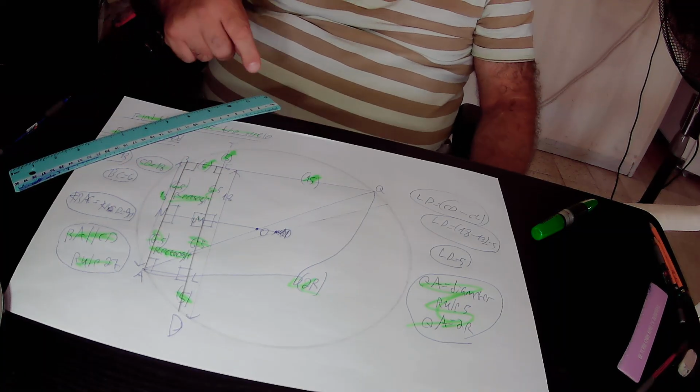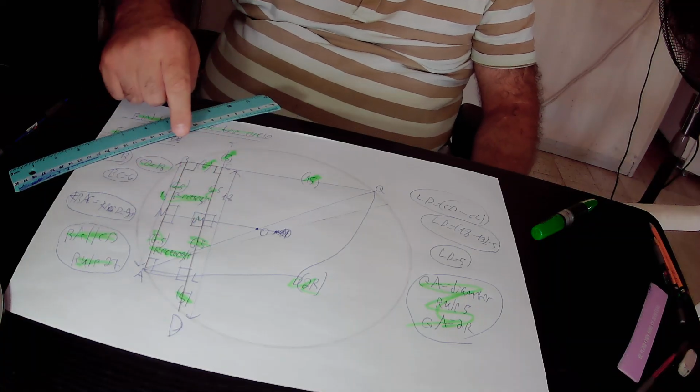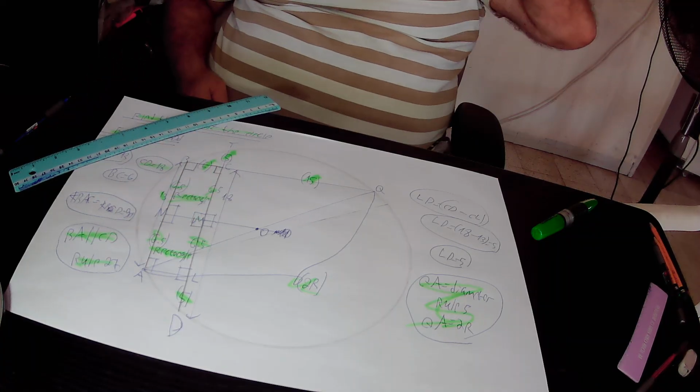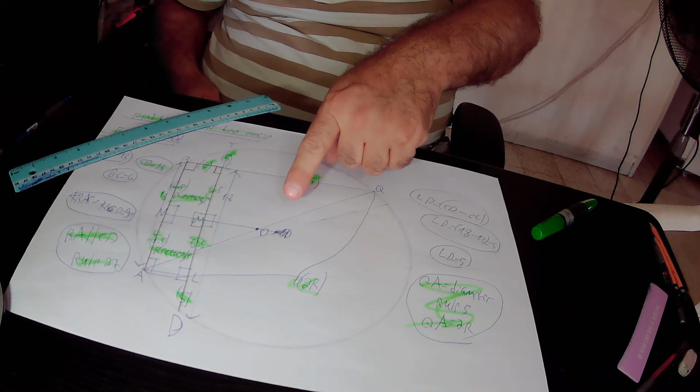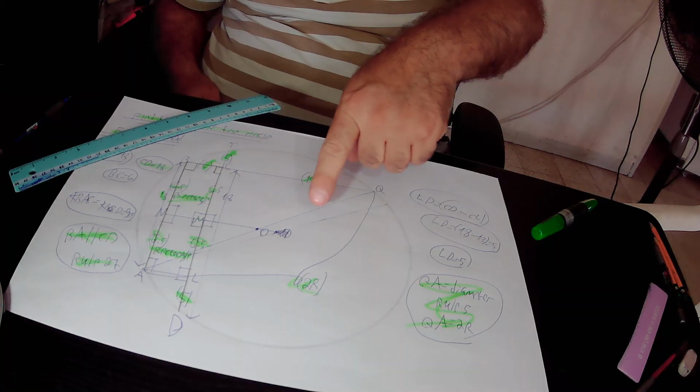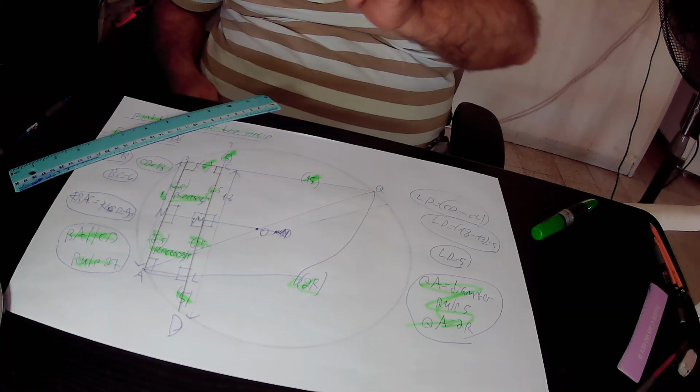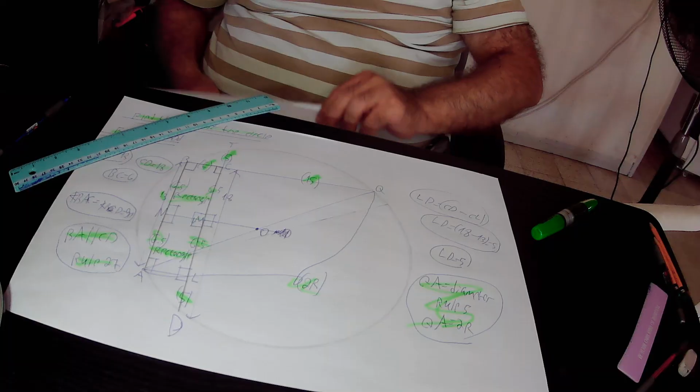We know that CD is parallel to BA, and therefore the perpendicular to CD must also be perpendicular to BA. Why?